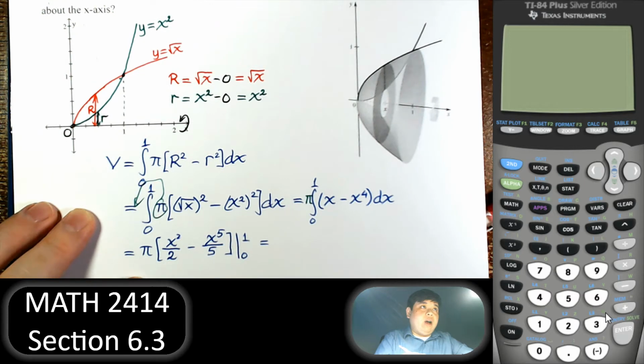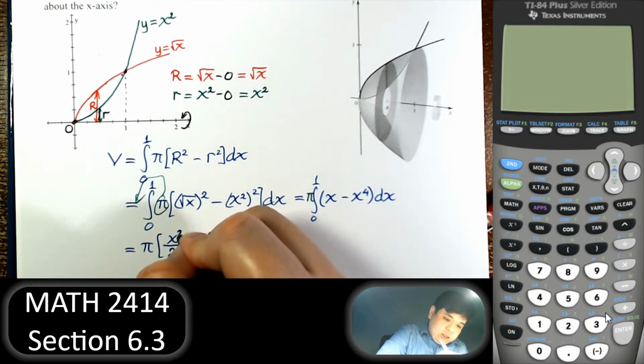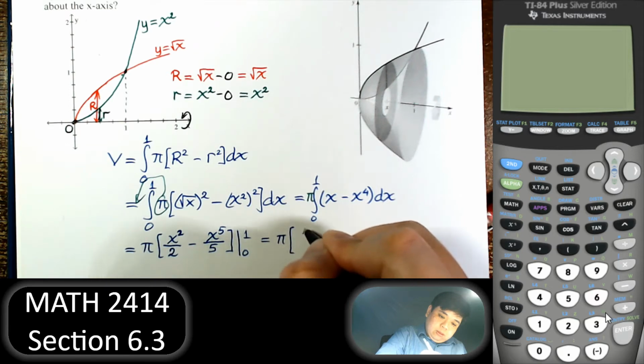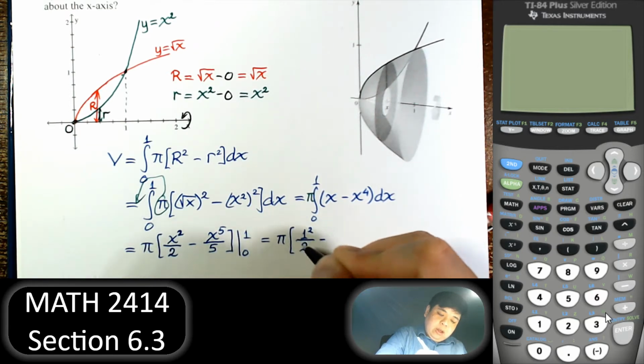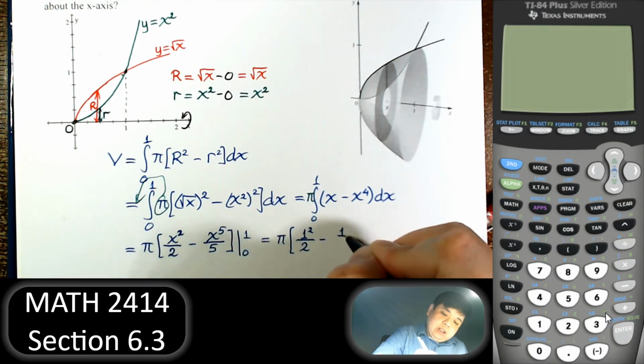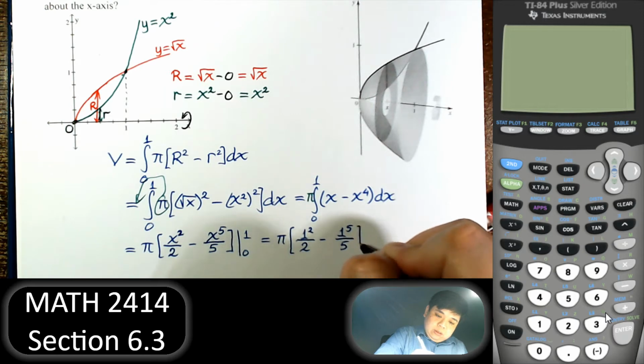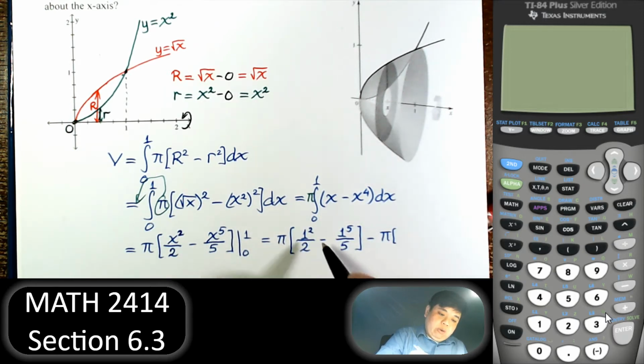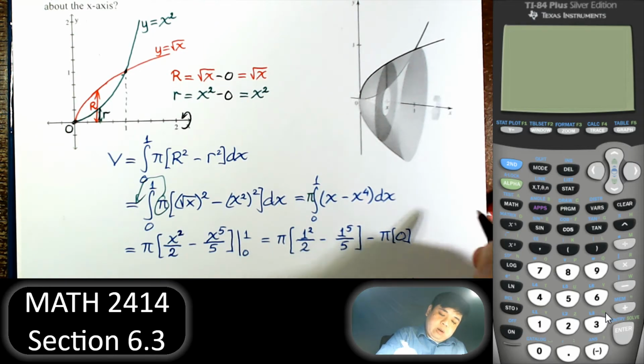I put 1 in for x, and then we subtract, and then we put 0 for x, we have nothing, so that one is gone.